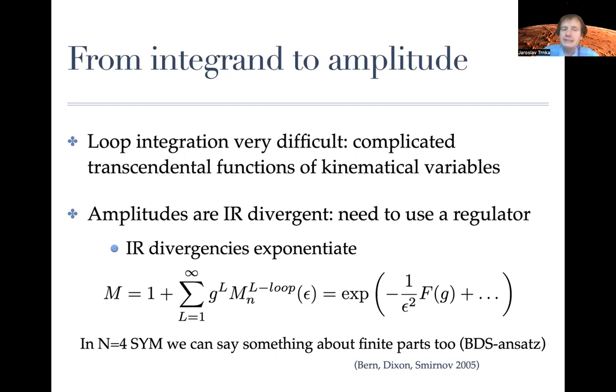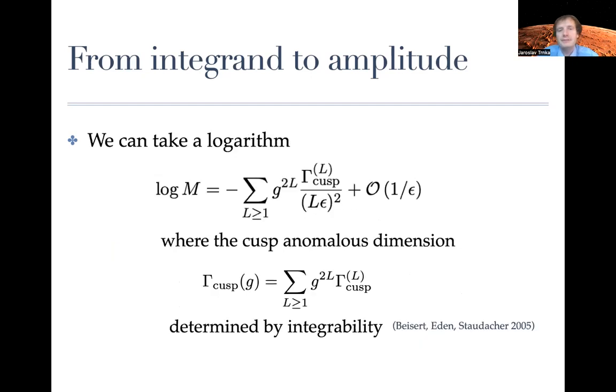It doesn't mean that the amplitude is known, but the dependence on the kinematics is trivial, though there are still some unknown functions of the coupling. For example, this f and g, and we will talk about it much more later. Once we take the logarithm of the amplitude, which is just a convenient thing to do, the logarithm has only this mild divergent 1/epsilon².